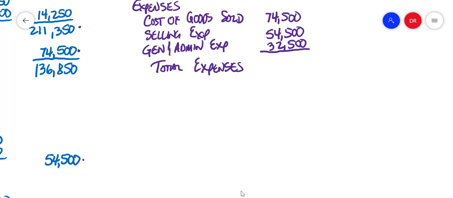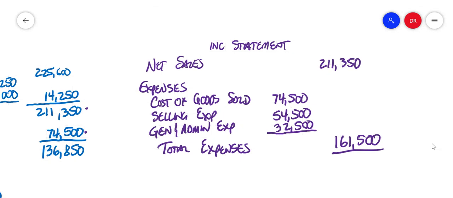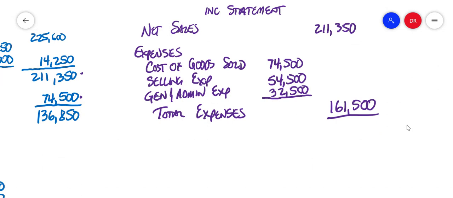So the total here is going to be $161,500. And then underneath here, we're going to basically take this 161.5, subtract it from 211,350, and we'll get net income of 49,850.